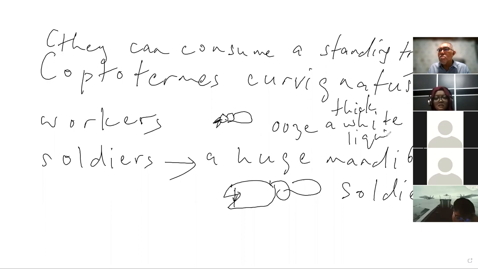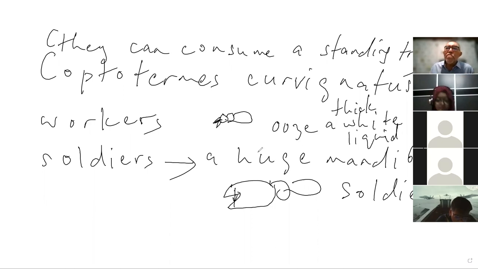Dia mengeluarkan cecair pekat yang berwarna putih. You let it bite your finger. It doesn't hurt, macam kena gigit semut saja. But it will start to ooze out a thick white liquid, and that is an indication of Coptotermes.